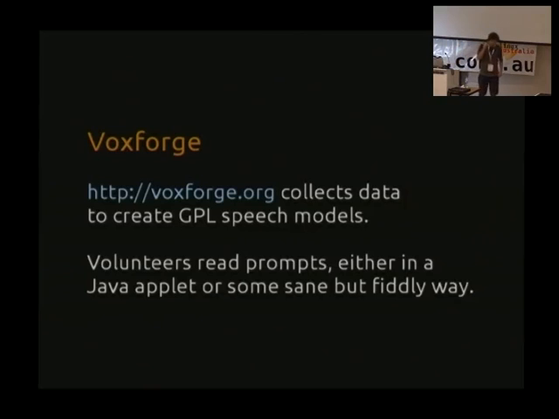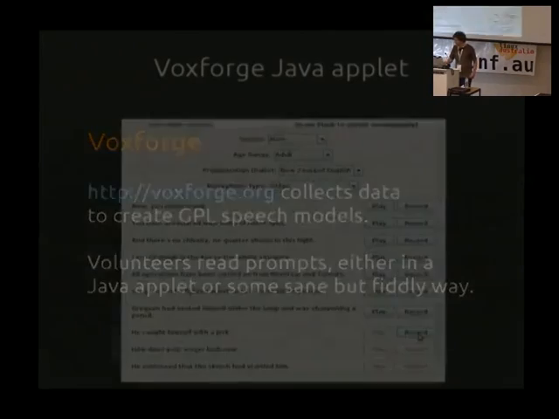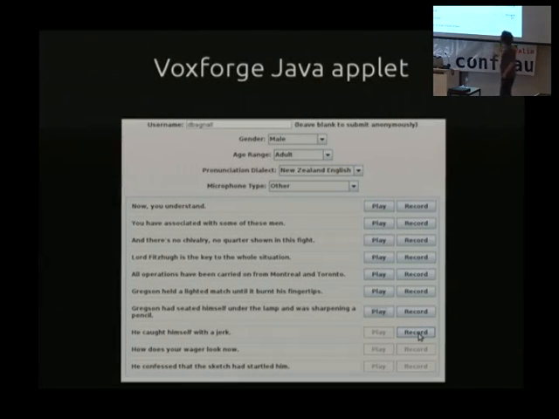So VoxForge is a project to make open source speech models, and they collect little bits of speech. There's a Java applet. I must be probably the only person this year who installed the Java plugin, but I did. And it gives you a sentence.